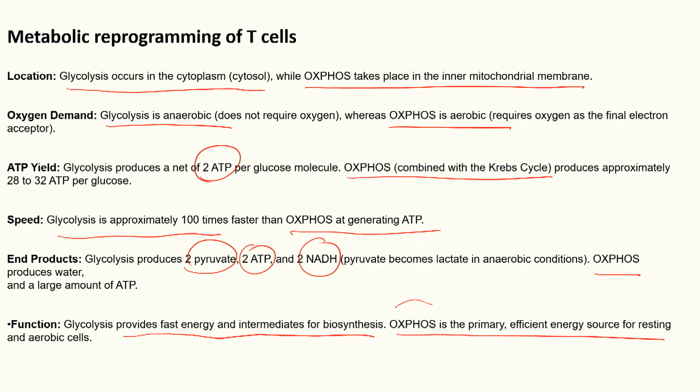This process is activated when we have more oxygen in the aerobic cell, while glycolysis is a cytoplasmic process that happens in the absence of oxygen. So this is the reprogramming effect which we have understood happens in the activated T cell, in order to help them proliferate and perform their function.